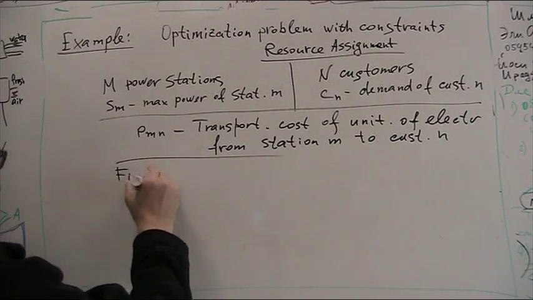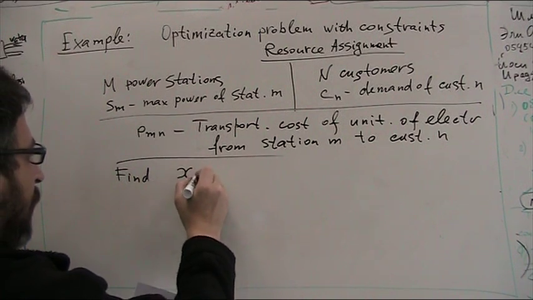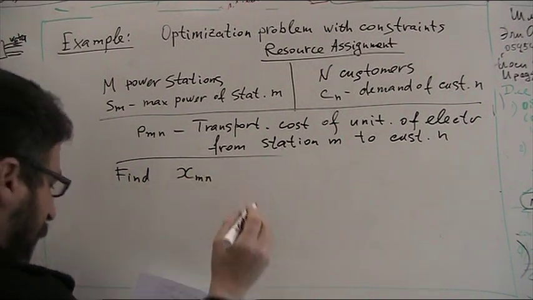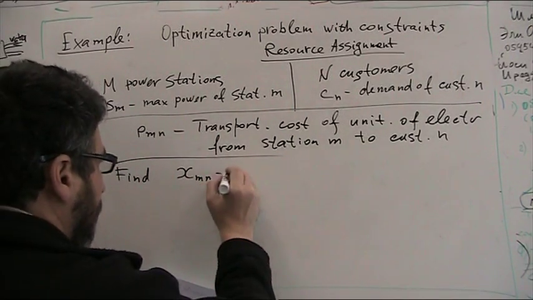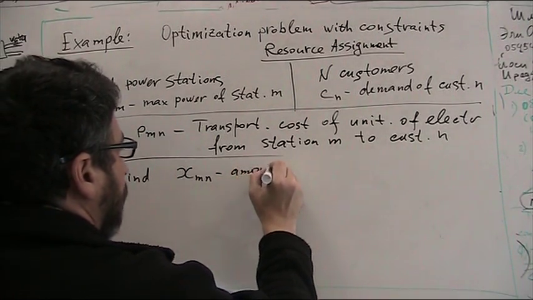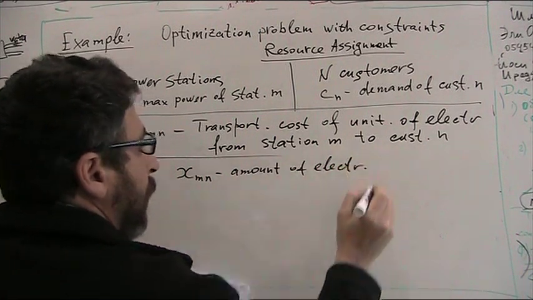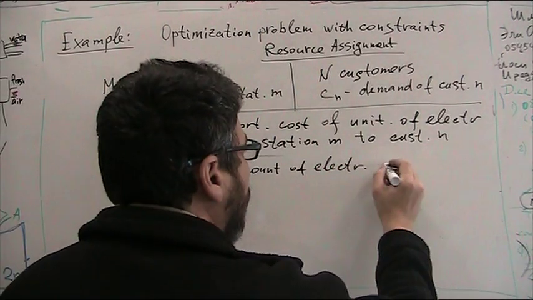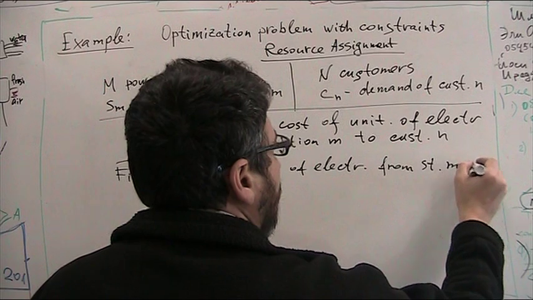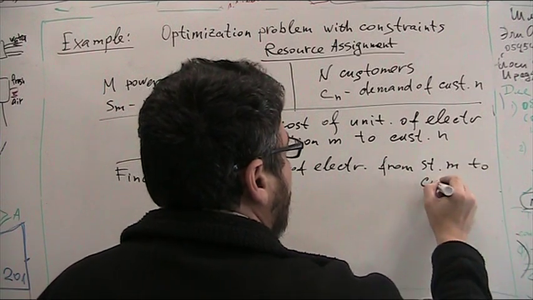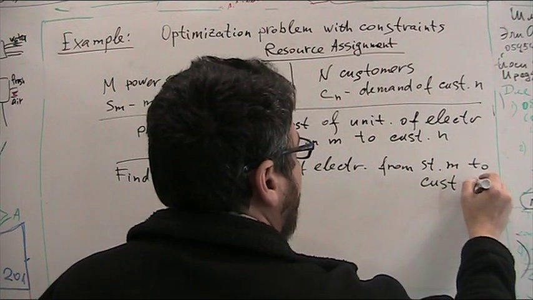Find a matrix of unknowns with entries xmn, the amount of electricity which we want to transport, again, from station m to customer n.